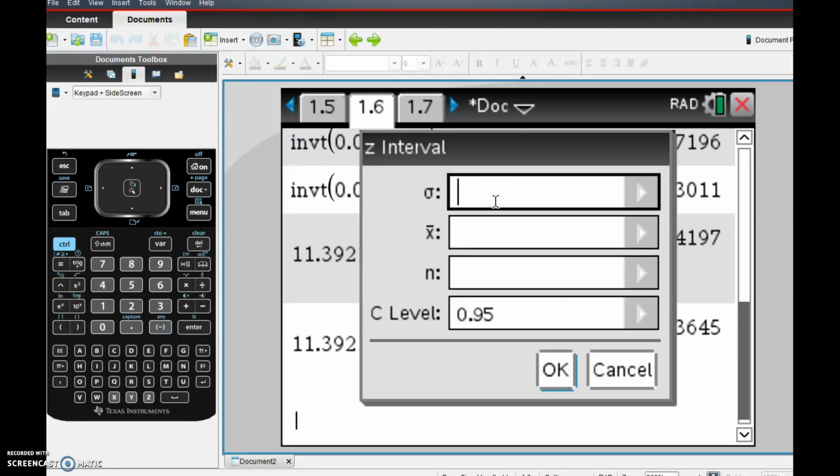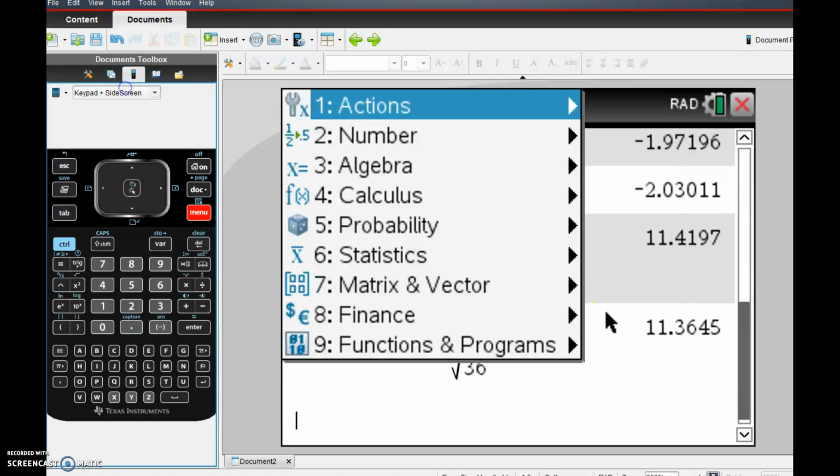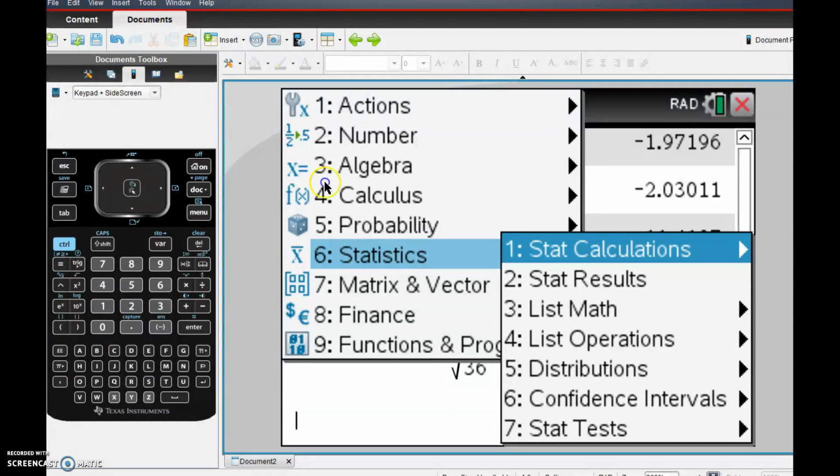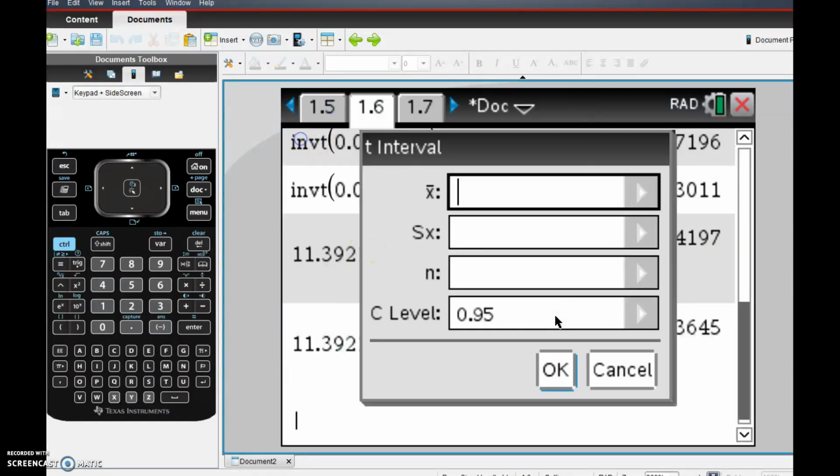Notice the first thing it asks for is the population standard deviation. We don't have the population standard deviation. It's a good indication that you picked the wrong function. If you go to the statistics, confidence intervals, T interval, and put in the stats, it asks you for the sample standard deviation. Well, that we have.